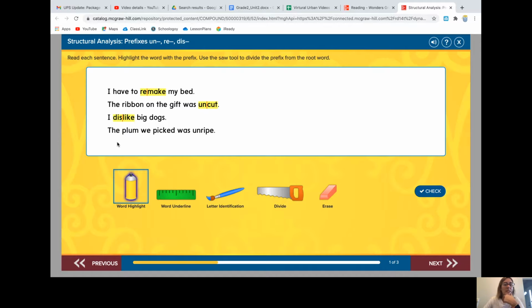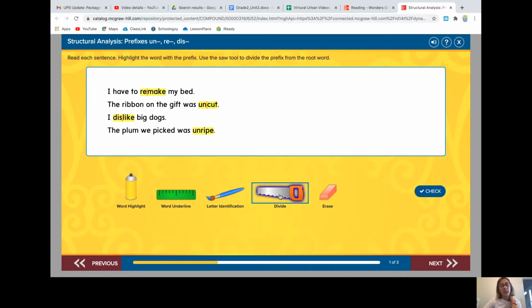All right, next sentence. The plum we picked was unripe. Okay, so the plum we picked was unripe. Which word is the prefix word? Unripe. Very good. Let's write unripe down.